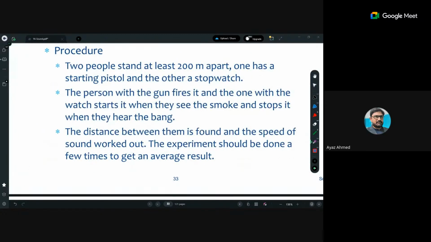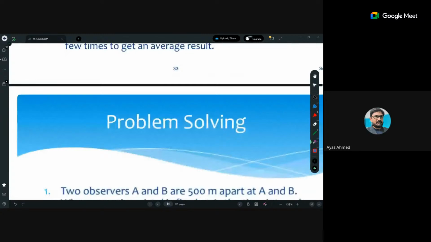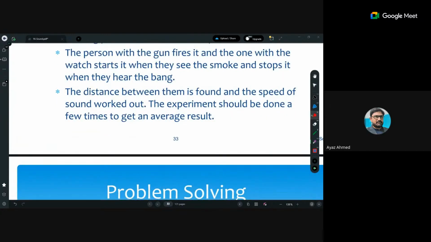Then the experiment is repeated and an average is taken, and these are the calculations. By the method of v equals d by t, because distance was measured, let's say it is 200 meters, and suppose the time is 0.3, let's say, right?